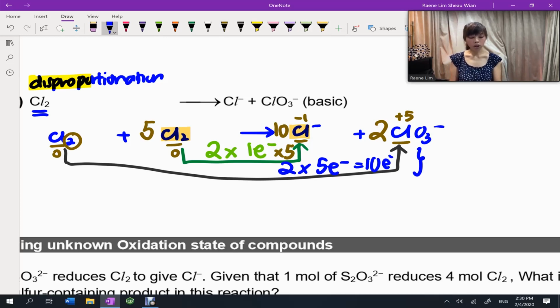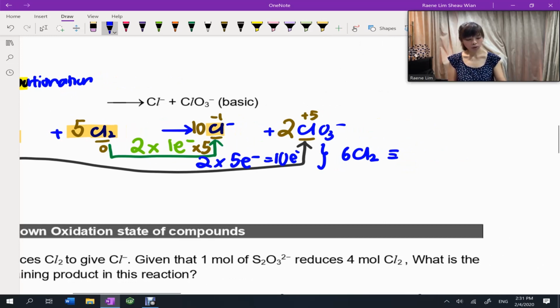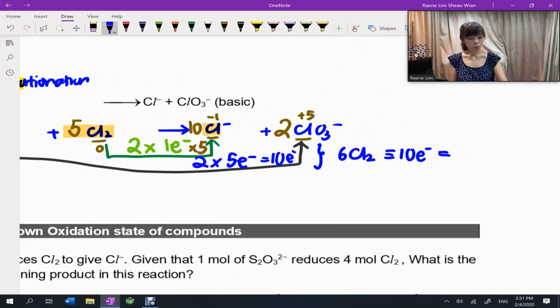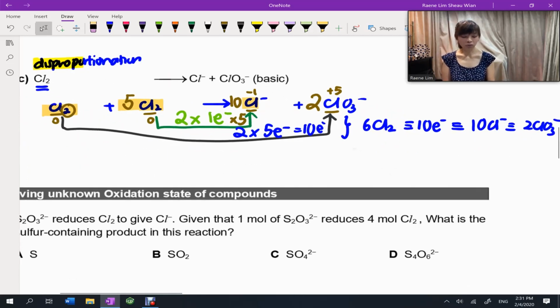Again, your electrons are balanced. Now I need to add these 2 together. So 1 plus 5 gives you 6 Cl2, which is proportional to a total of 10 electrons, which is proportional to 10 Cl⁻ and 2 ClO3⁻. With this mole ratio, you can go ahead and calculate anything that the question asks for, right?